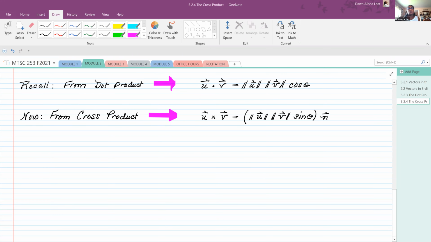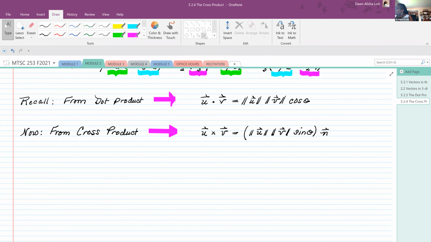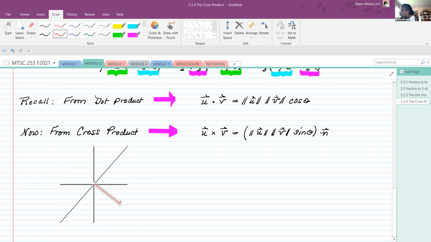So I want to draw this thing. So here's my vector A. And here's my vector B. Or U, so this is U, and this is V, and then this is theta.